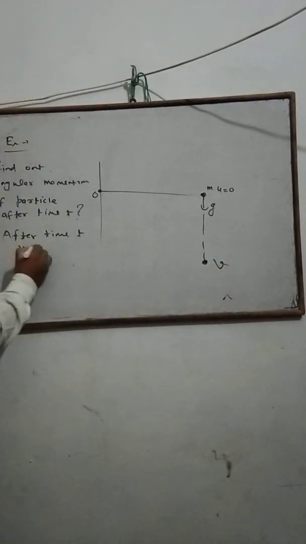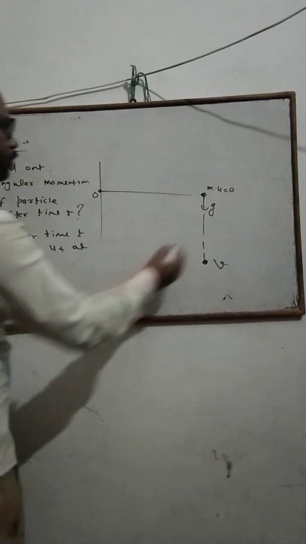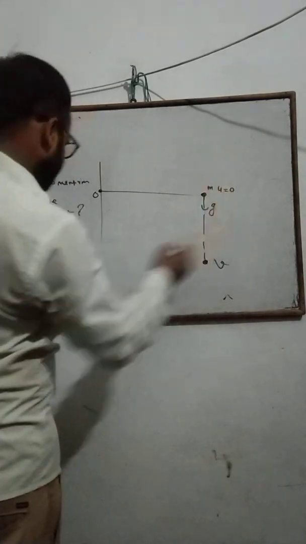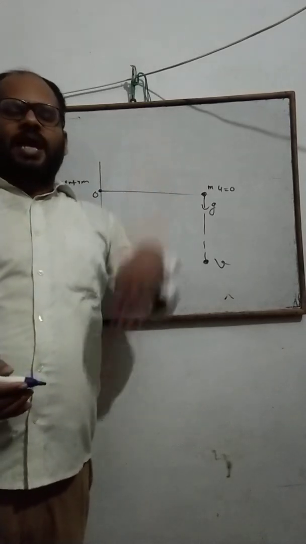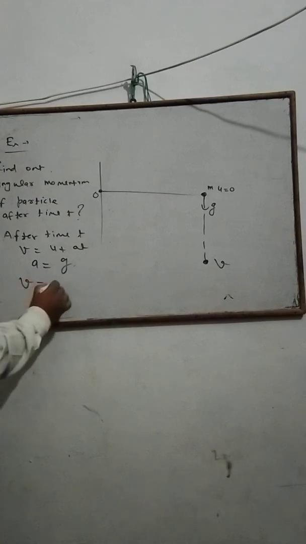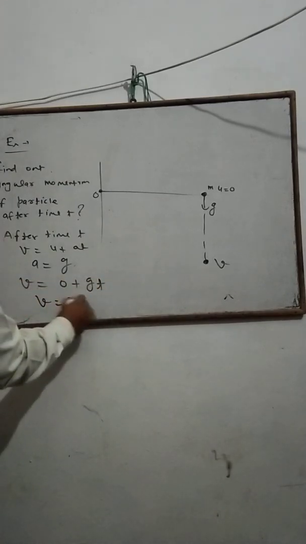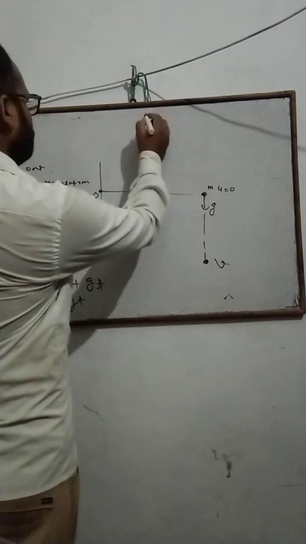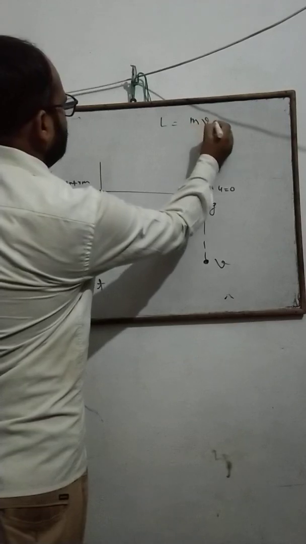v is equal to u plus at, and a is equal to g, gravitational acceleration. It is falling with the acceleration of gravity. So here v equals 0 plus g into t. So v equals g into t, and now L equal to mvr.